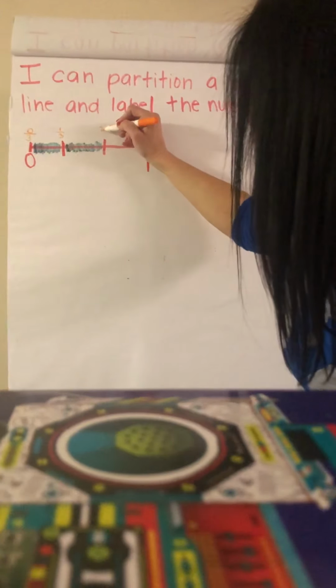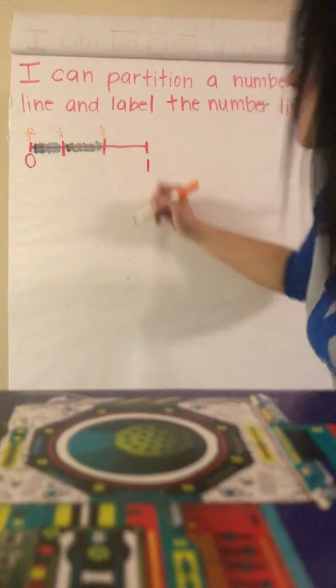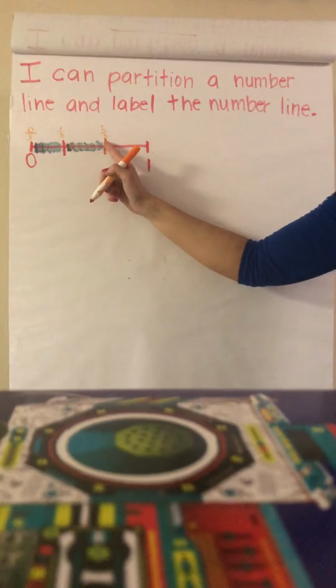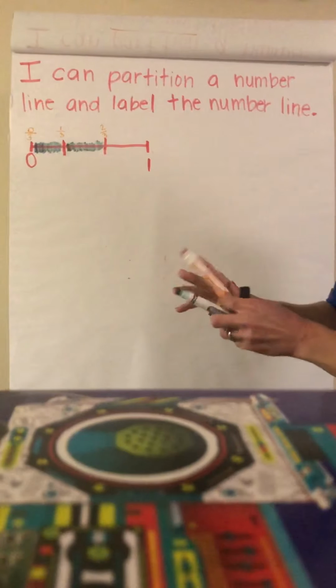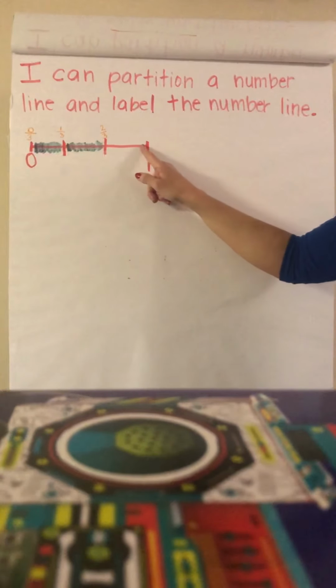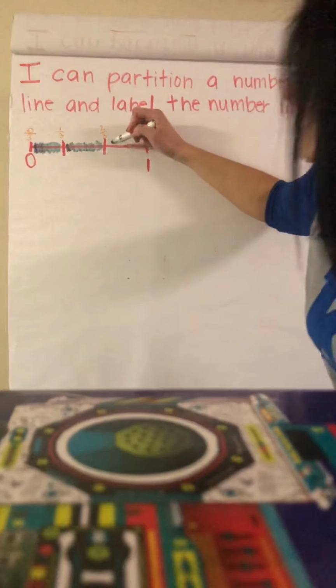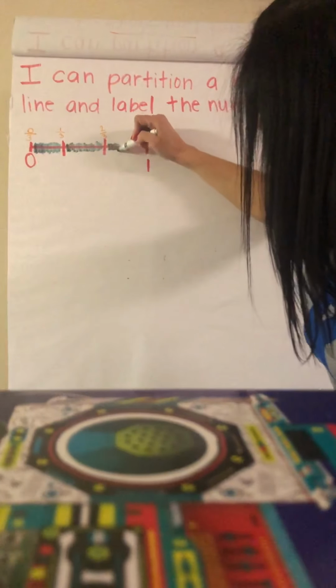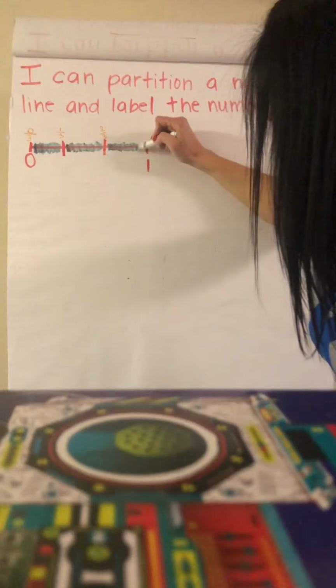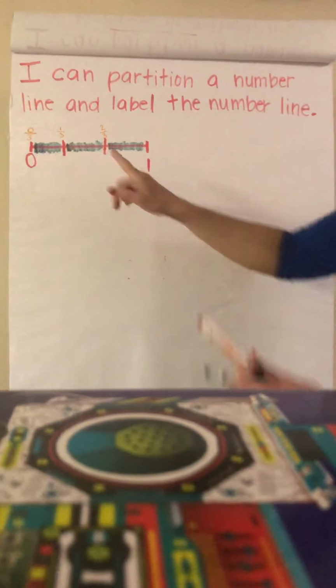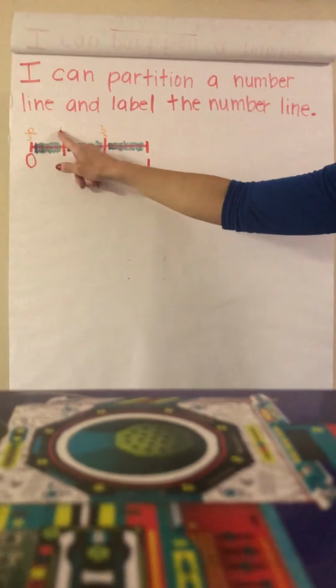So I'm going to mark that spot on the number line. I'm at 2/3. And if I move over one more spot, okay, we're going to mark that. So let's color that in. So I've got 1/3 right here.